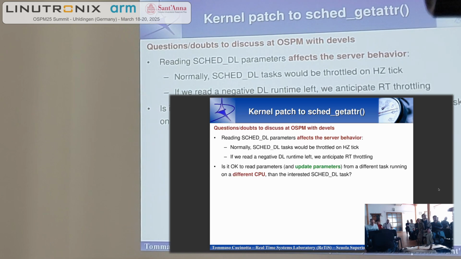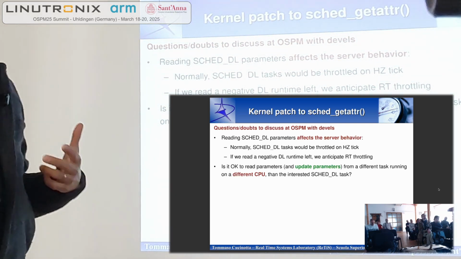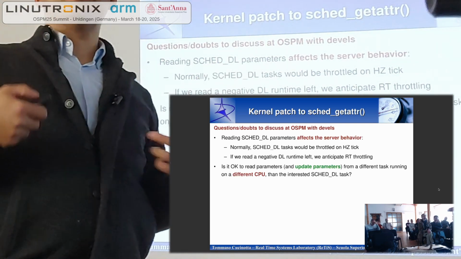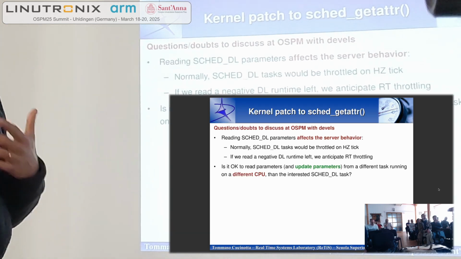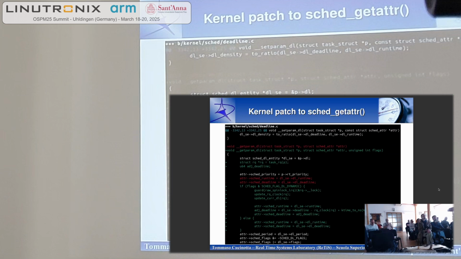Yeah, and then the final question is if this code is safe, basically, to be called from a different CPU than the one the scheduling task is running on. We don't really have a use case for that, but if you have a syscall, it's better if it works under any condition, doing the right thing. And for us, the only things we are doing really is this: take the spin lock on the runqueue lock, update the rq clock, and update the current deadline parameters, and then release it.